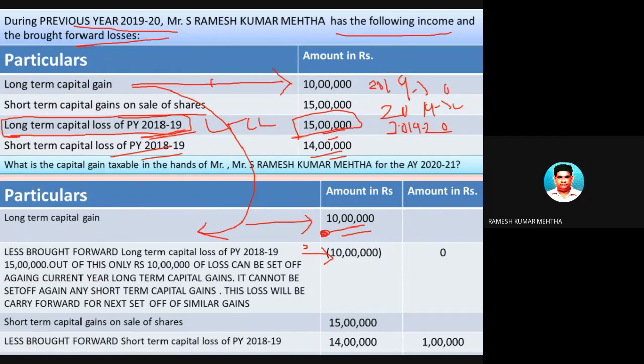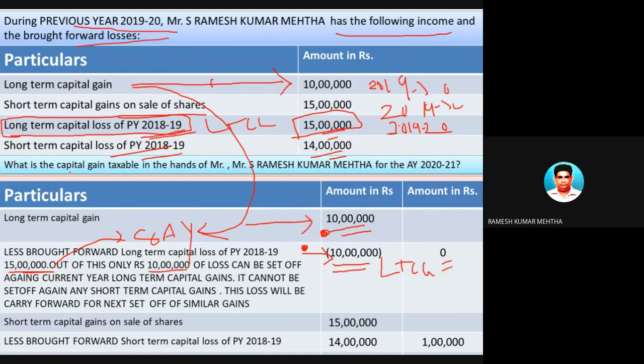Hence, the long-term capital gain is zero, and the remaining 5 lakh rupees of long-term capital loss can be carried forward as per the rules of the Income Tax Act 1961 under set off and carry forward of losses. So out of this 15 lakhs, 10 lakhs has been set off. It can be carried forward for 8 assessment years as already shown in the previous slide.